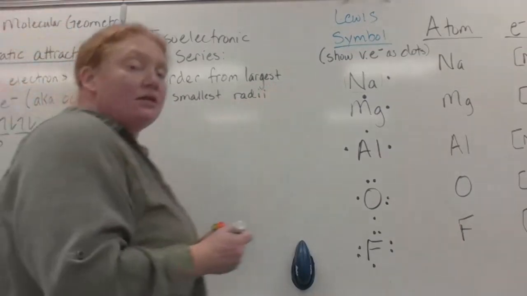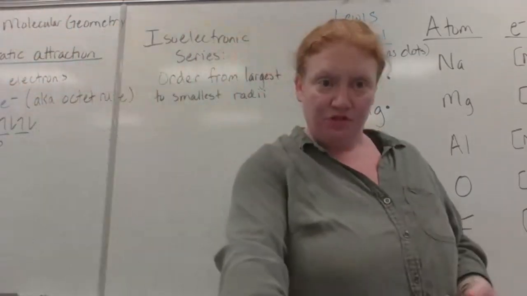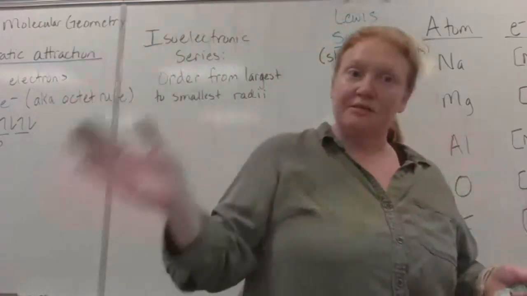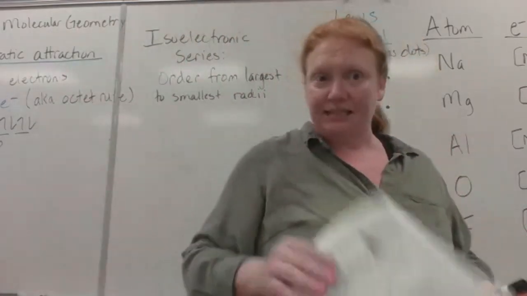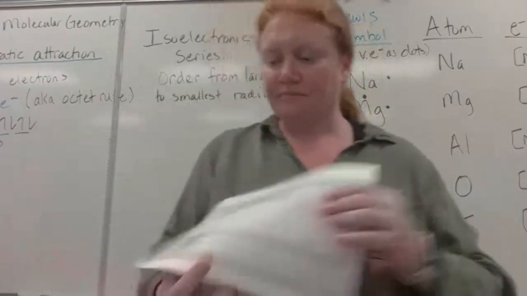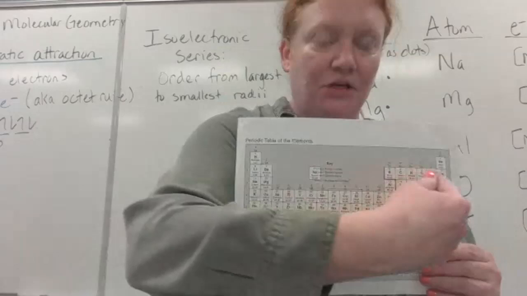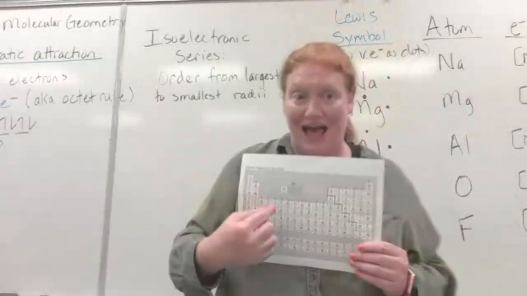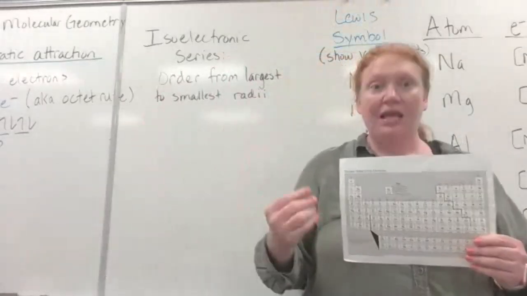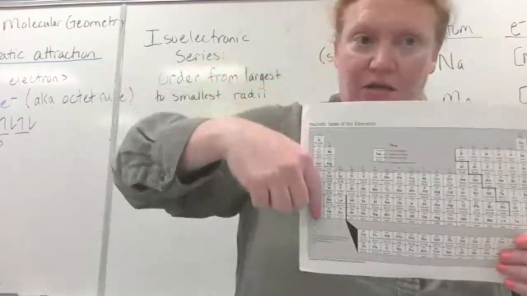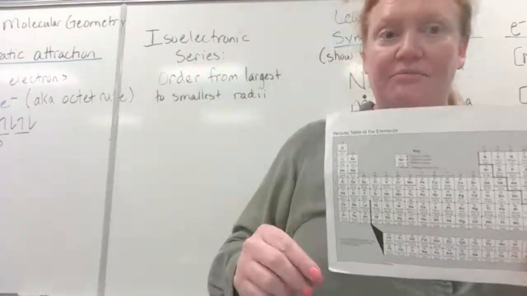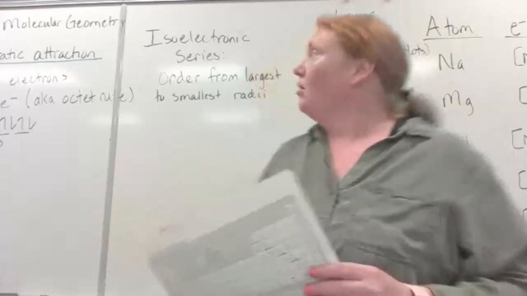Let's go from largest to smallest. This requires some knowledge from chapter 6 about trends of size, but essentially, as you move left to right across a row, the size of the atoms gets smaller. As you move down a column, the size of the atom gets bigger.